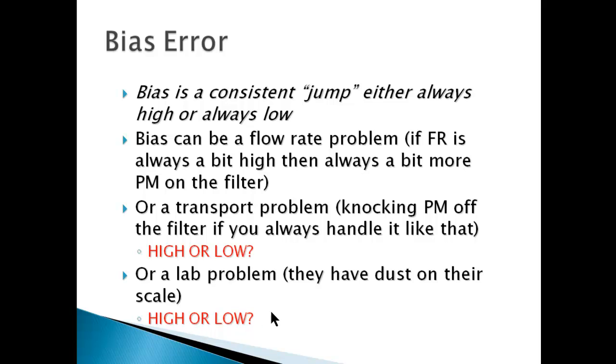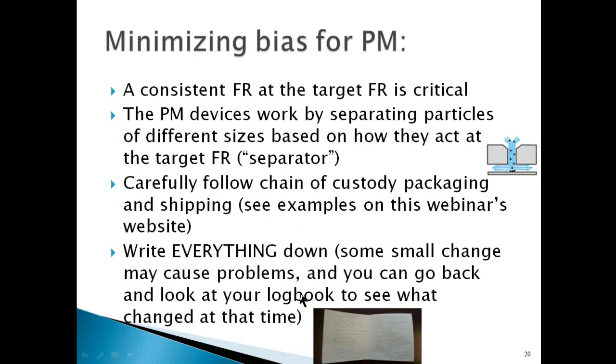So it could cause either a high or a low. But in general, it'll probably show that there's more particulate matter on the filter than there really is, just because they've already got dust on their scale. So these are potential sources of bias error. Again, it's a consistent jump, always high or always low, and you really want to minimize bias.